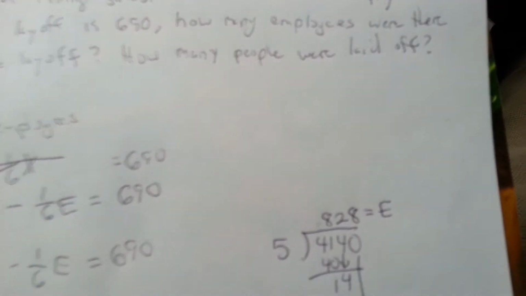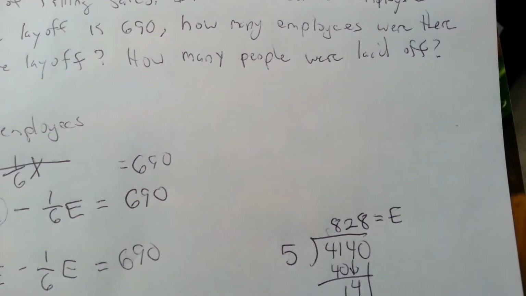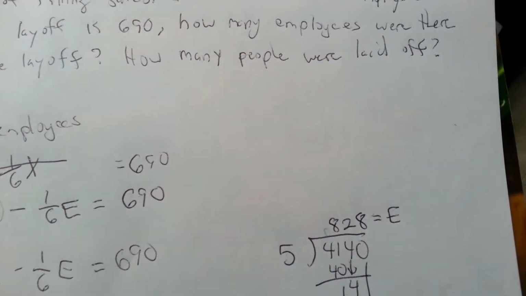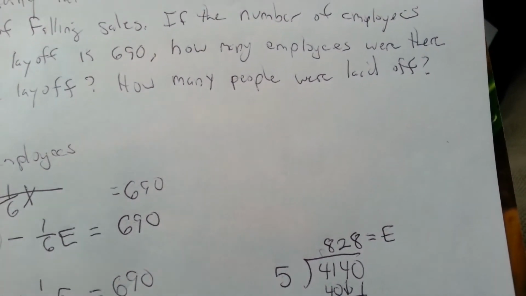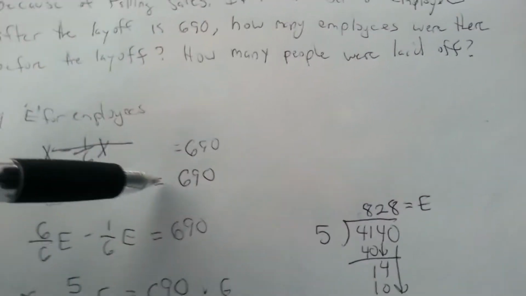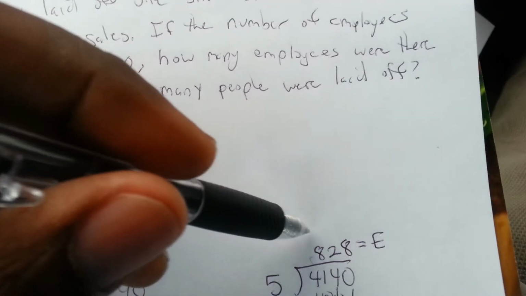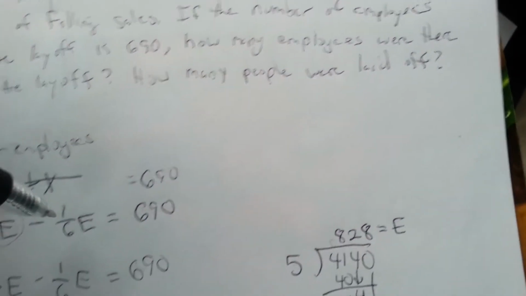The way we figure out how many people were laid off is, if 828 was the total number of employees and they laid off 1/6, leaving 690, then we can subtract.